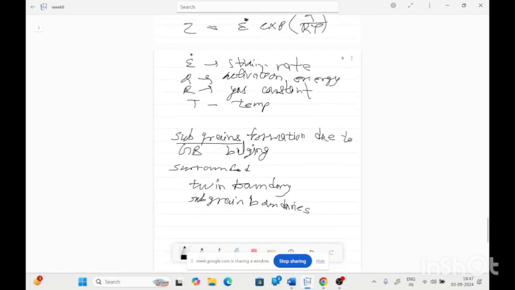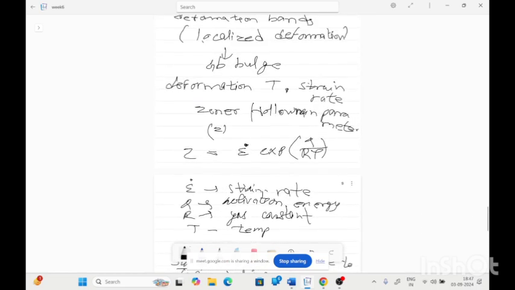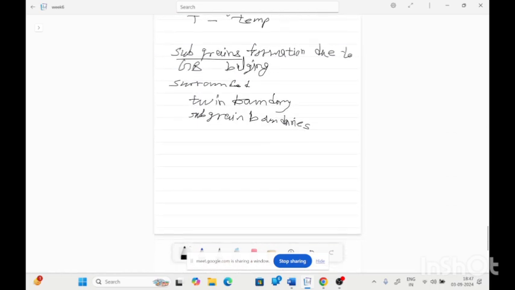So the time and strain rate and the Zener-Holloman parameter, if the value of the Zener-Holloman parameter is high, so for high Z value, high strain means the high Z, how it will be.